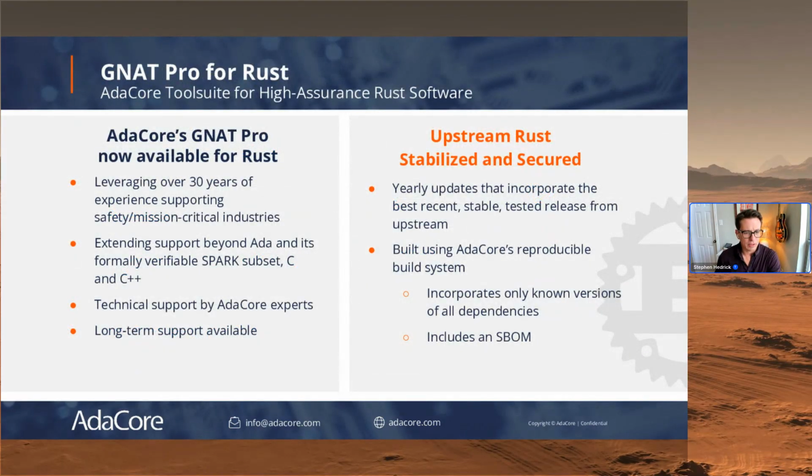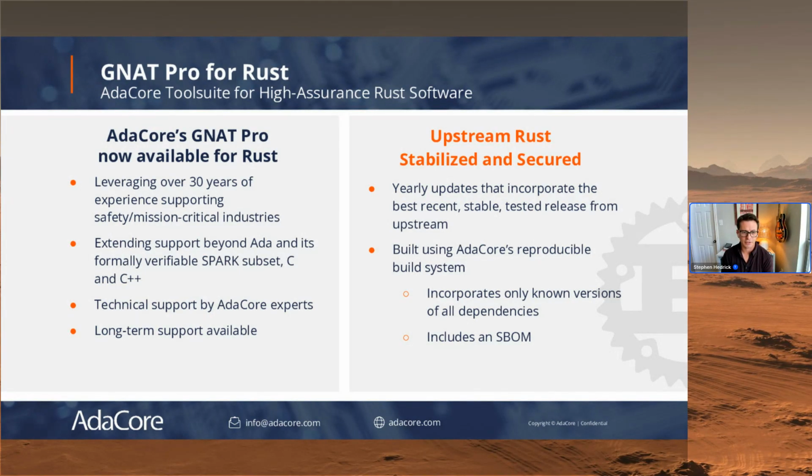So when it comes to GNAT Pro for Rust, our product, it feels like upstream. It feels familiar. We're taking 30 years of experience supporting safety and mission critical industries with Ada, SPARK, C, C++. We're bringing this to Rust, and we offer that support. Again, it's unparalleled.